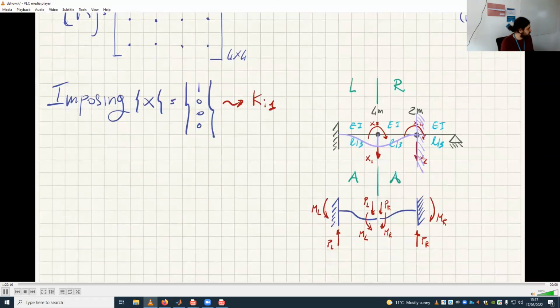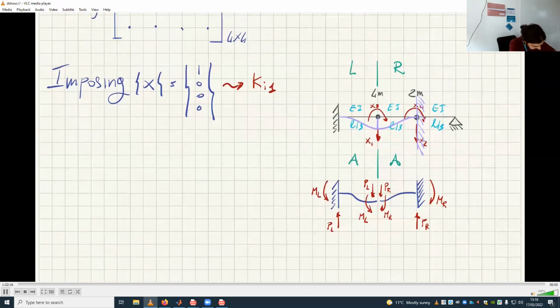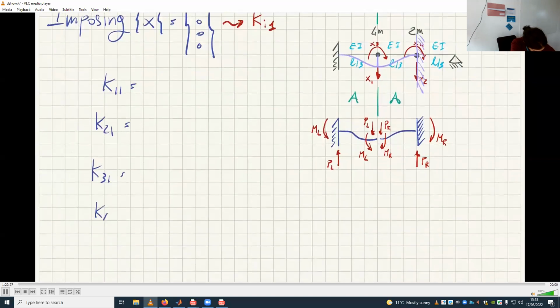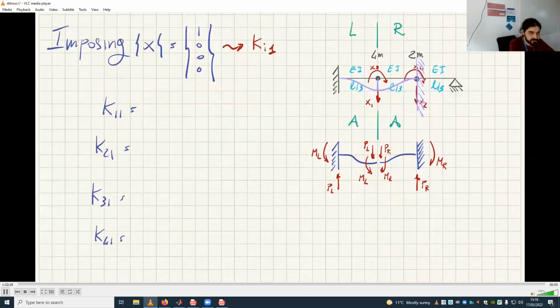This is what we are finding. We are finding all the k's of the first column. So I can say that k11 equals, then k21 equals, k31 equals, and k41 equals.